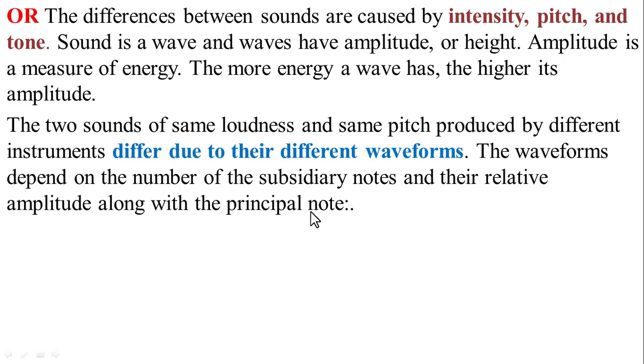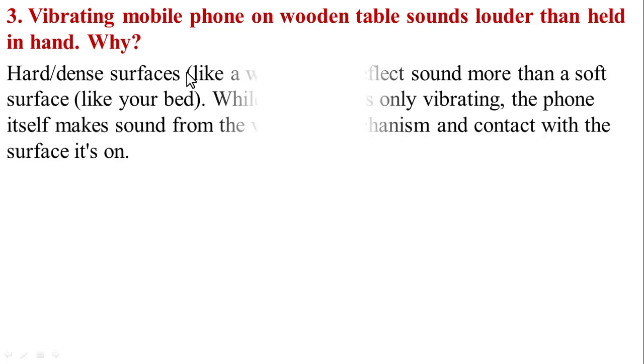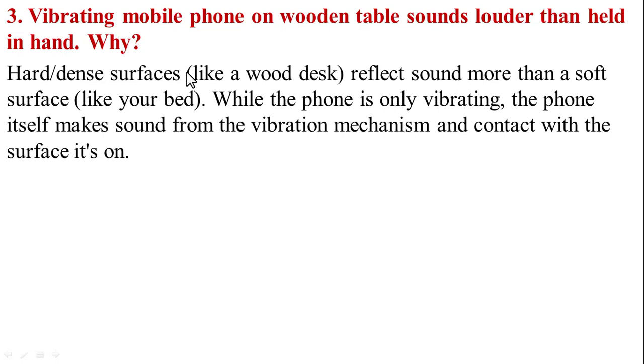Now we will discuss question number 3. The given statement: a vibrating mobile phone on a wooden table sounds louder than when held in our hand. Why? We can write the answer: hard, denser surfaces like wood desks reflect sound more than a soft surface like our bed.